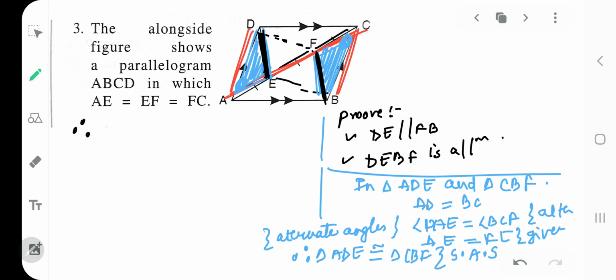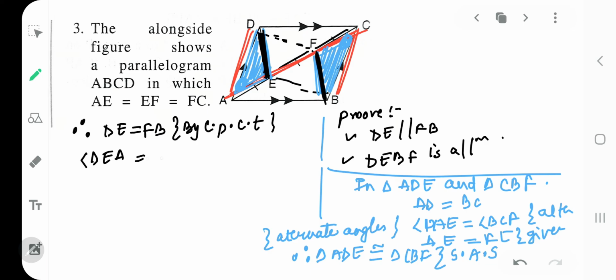Therefore, DE is equal to FB by CPCT. Can I also take angle DEA is equal to angle CFB by CPCT?